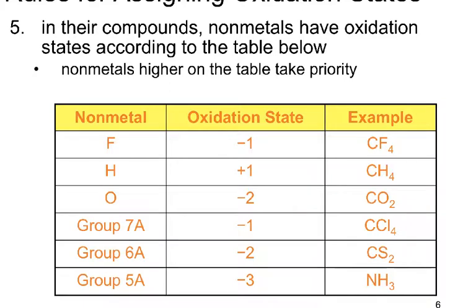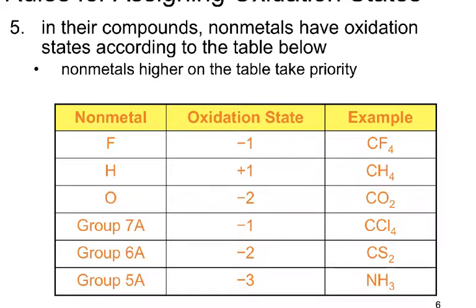This table here is kind of the key for assigning oxidation states in molecules. So in their compounds, non-metals have oxidation states according to the priorities here. Fluorine is assigned an oxidation state of -1. Hydrogen is assigned an oxidation state of +1.